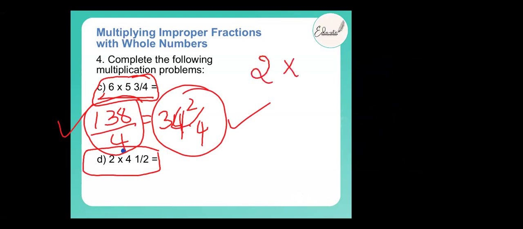2 multiplied by 4 and 1 over 2. What do you do first? First convert this to an improper fraction. 2 times 4 is 8, and then 8 plus 1 is 9.